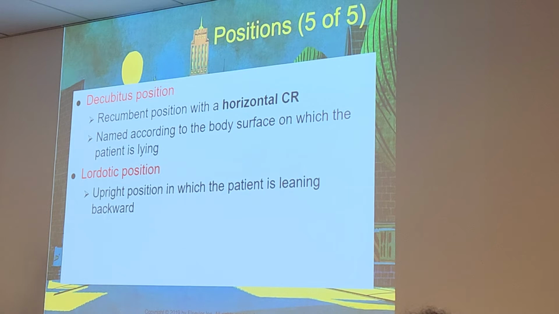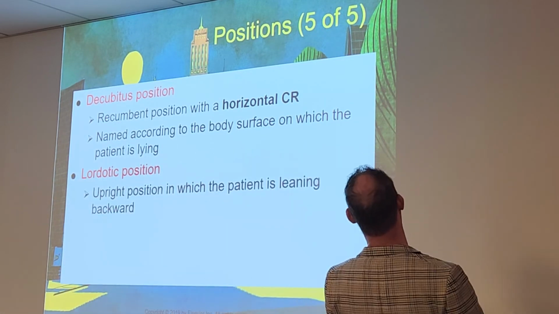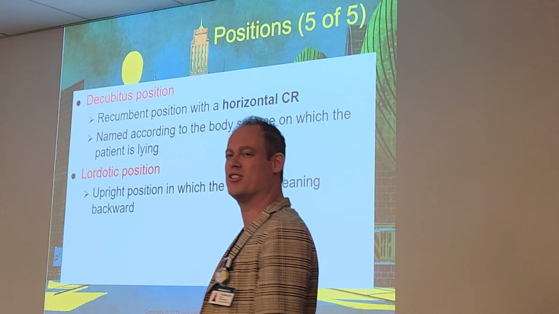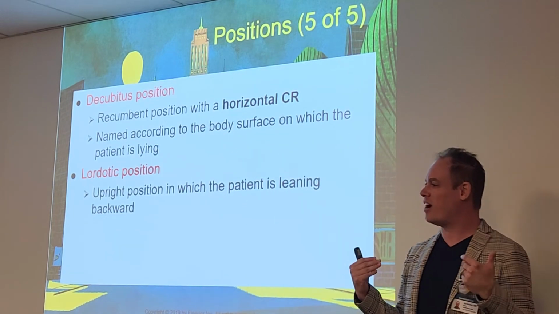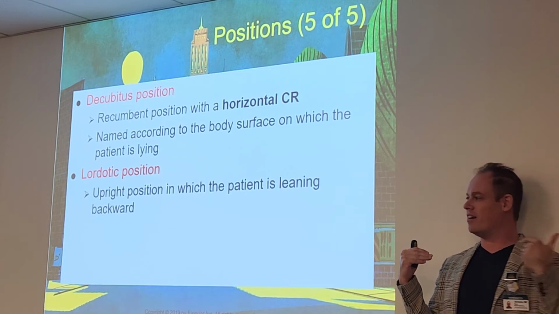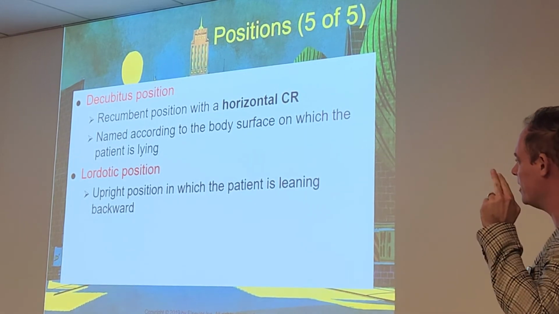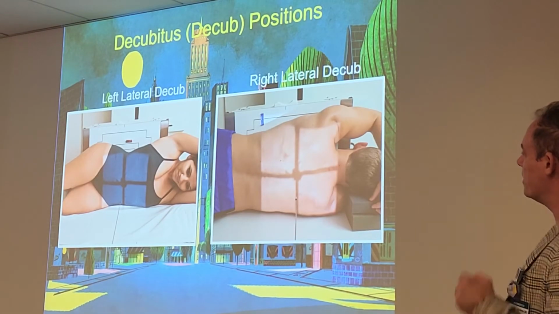Yeah, AP. Why? That's the ray going to the front and exiting the back. Exactly. We're not going to have the patient face the IR and lean back, we're going to fall backwards. So lordotic will always be AP because the patient is always leaning backwards toward the IR. That was a good example question. Critical thinking once again.